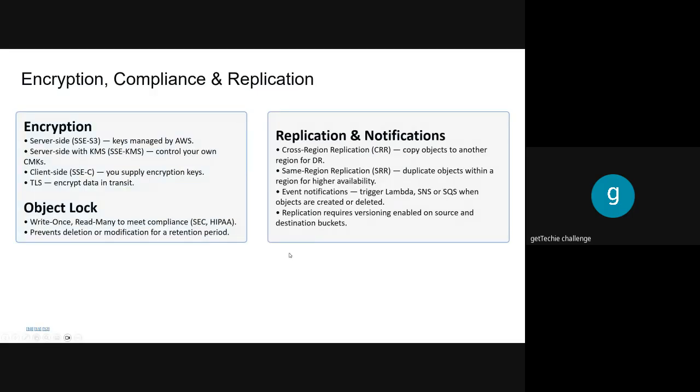So one of the interview questions I know they mostly ask people when it comes to S3 buckets is, how do you make your buckets highly available? One of the things you can say is to set up cross-region replication. What does that mean?